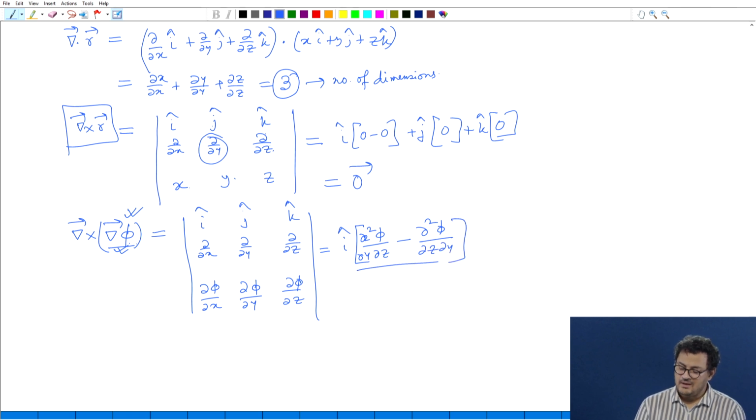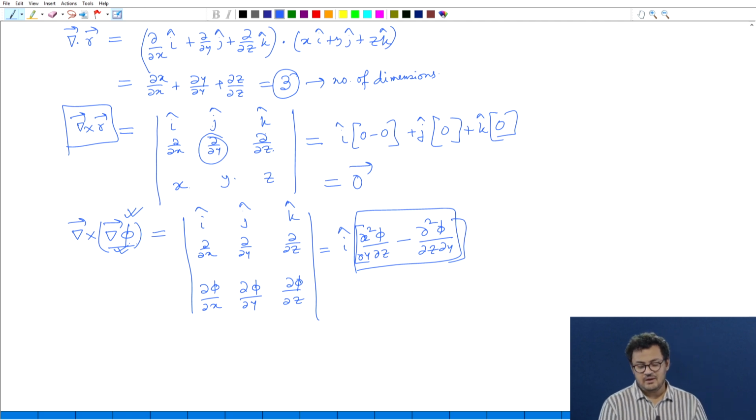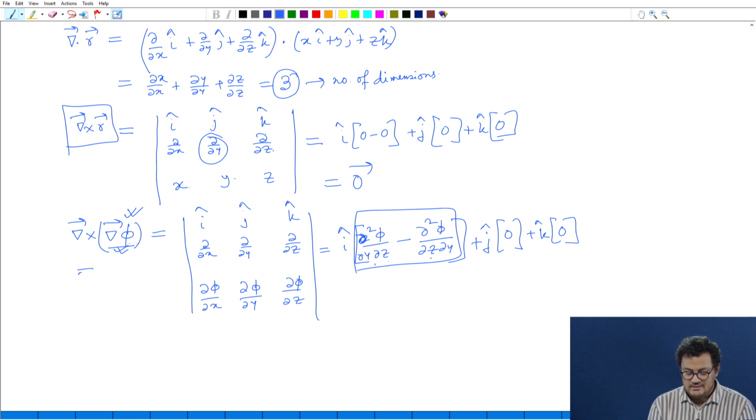Now, you see, for a normal scalar function, these two things are always equal, and that is why they vanish. By the same reason you can say the other two components are also vanishing. You can do that explicitly, and that is why this one is equal to a 0 vector, another null vector.